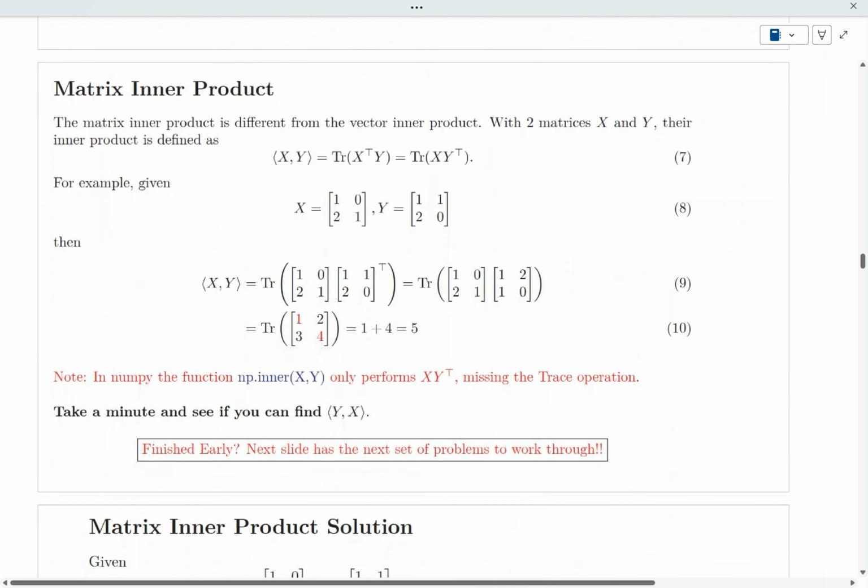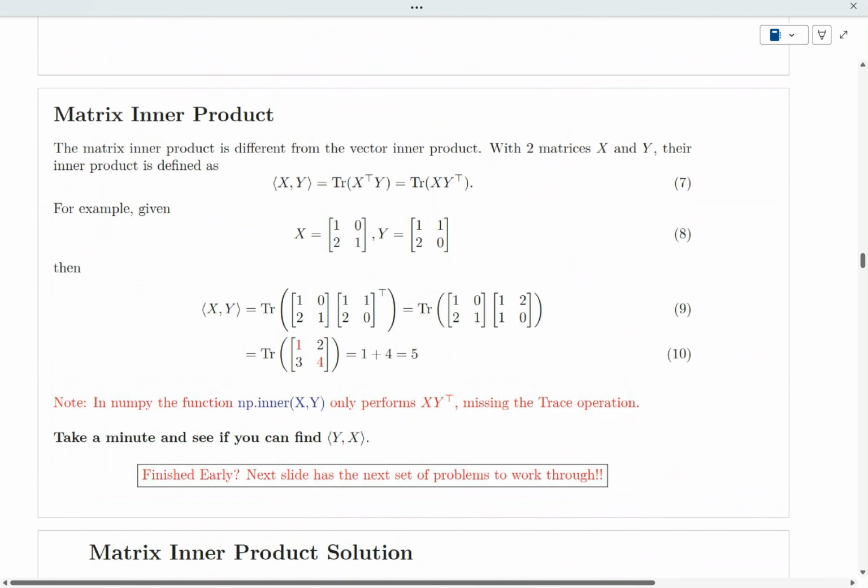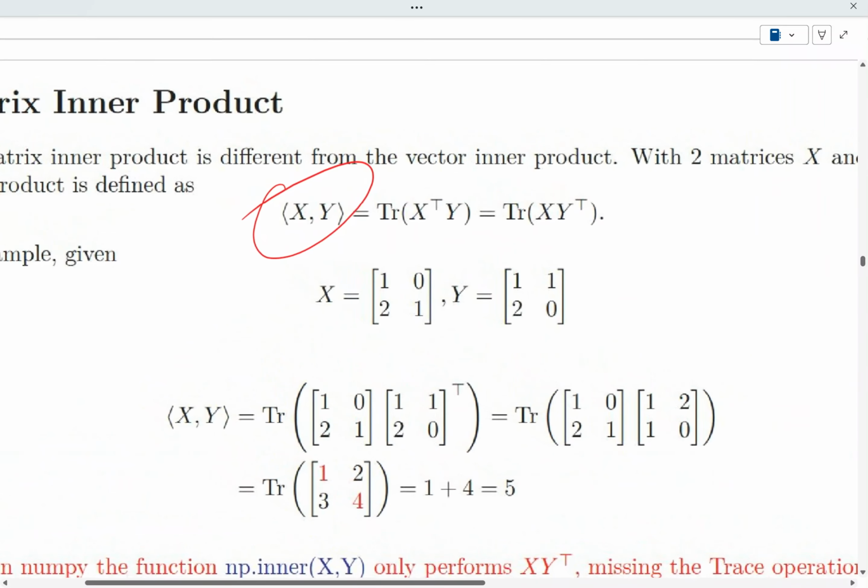All right. I think this is one of the last ones. Matrix inner product. Well, remember you learned the inner product symbol. The matrix inner product is basically when you take x, the first one, transpose times y, and then you find the trace of the whole thing. It turns out that if you place the transpose here or here, it doesn't matter. They're mathematically equivalent.